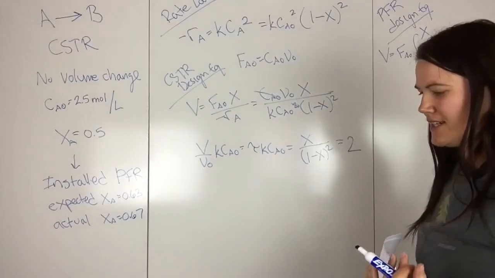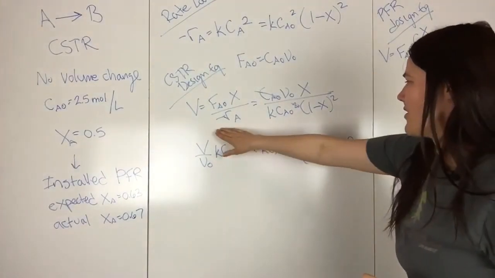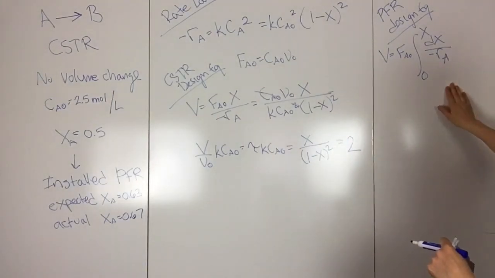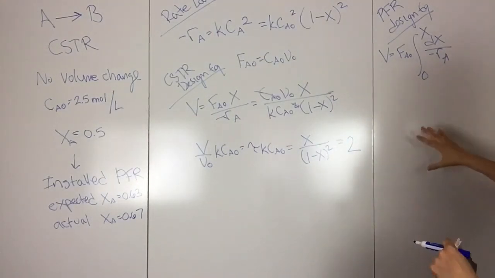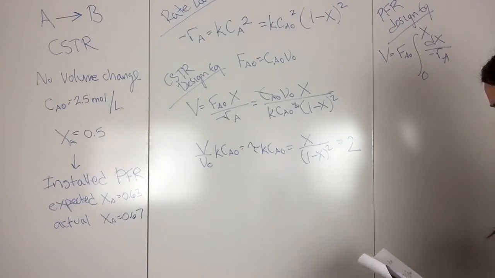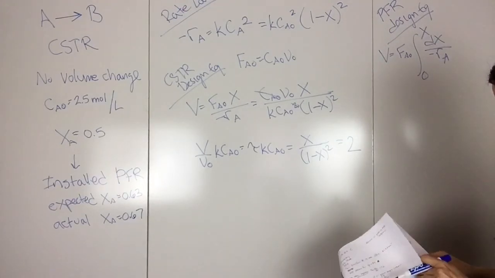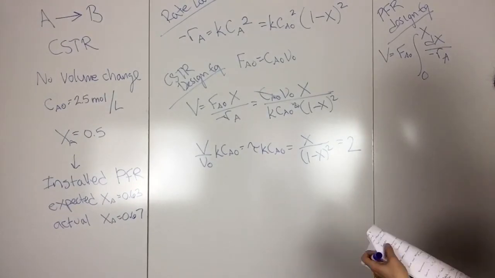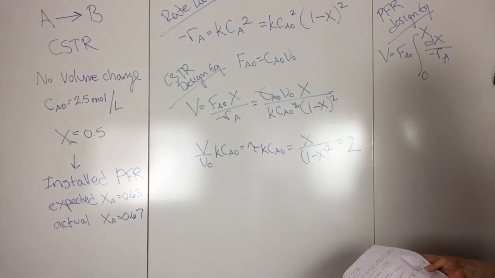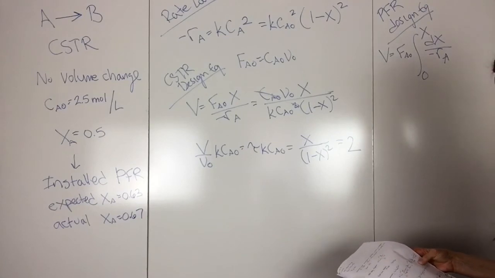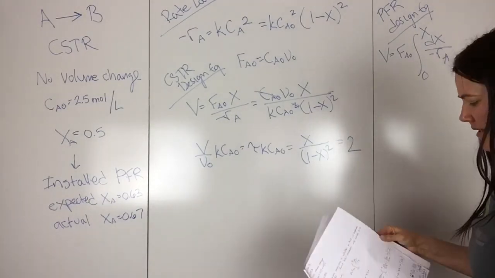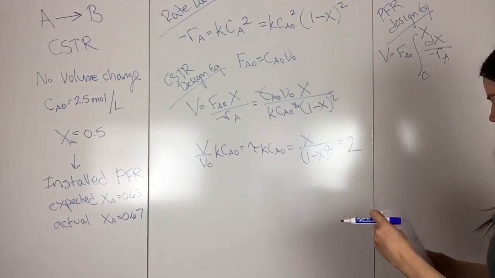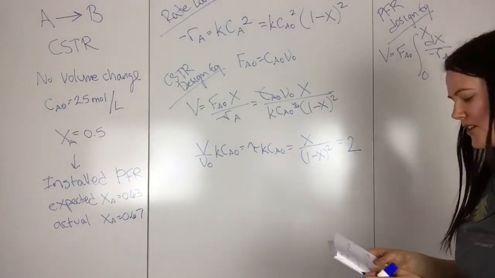So I feel like it's easiest to always start from the design equation. If I still had my stuff written down, I could probably just jump straight to practically solving it, but I feel it's better to start here and work through it again, especially when you're just starting to learn this stuff.